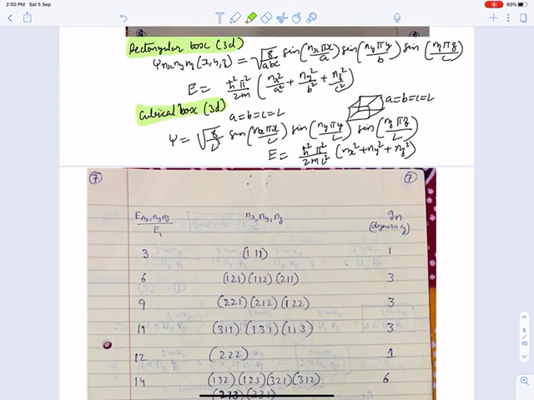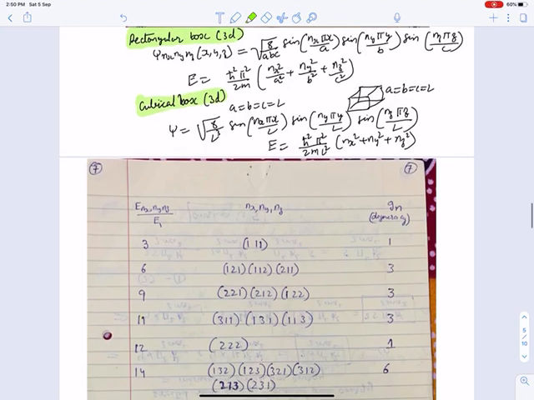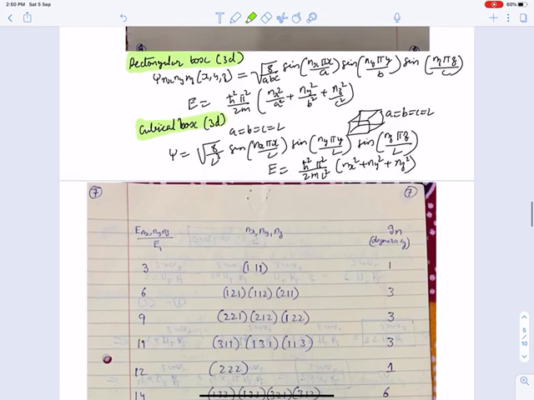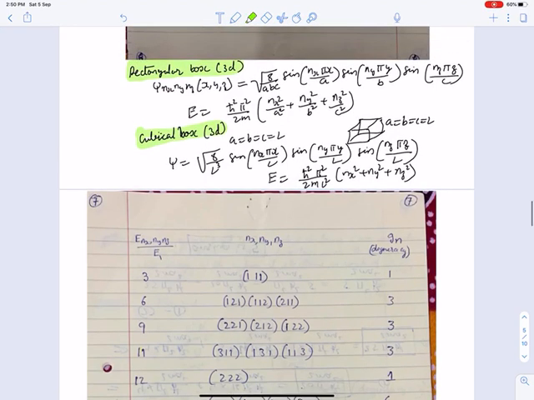Now if I put 1 plus 1 plus 1 in this formula, I'll get 3.